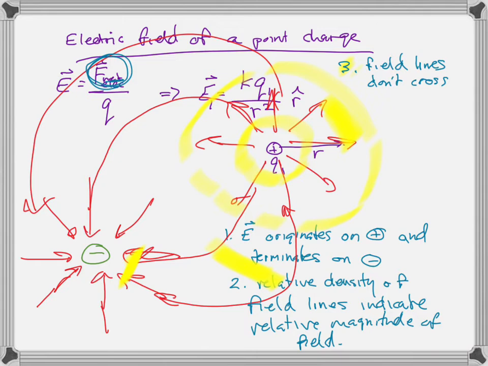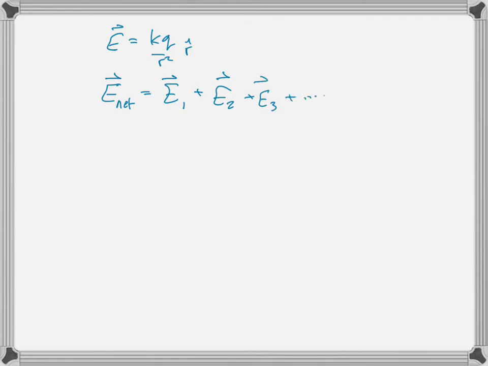And actually, I should say a little bit more about that, because we have written down the electric field for a point charge. The electric field for a point charge Q is just kQ over R squared in the radial direction. What if we have a collection of point charges? If we have a collection of point charges, the net electric field is simply the electric field due to each of the individual point charges, E1 plus E2 plus E3, no matter how many point charges we have.